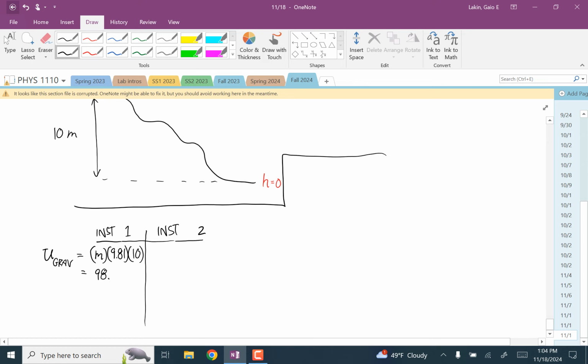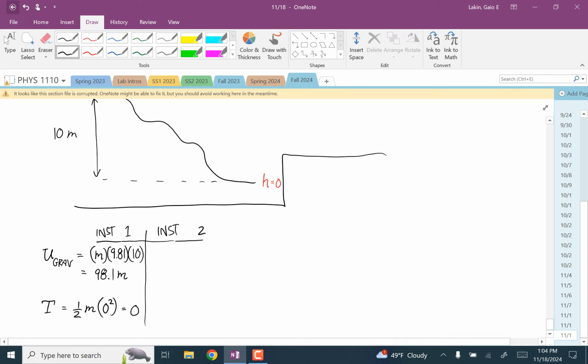So that's 98.1 m. The kinetic energy at the top is 1/2 times the mass times the speed squared, and the speed is 0. So this just comes out to be 0. Anything that's at rest has a kinetic energy of 0.